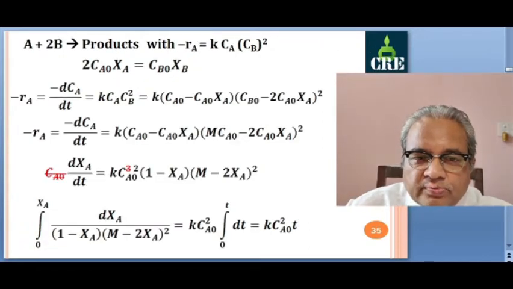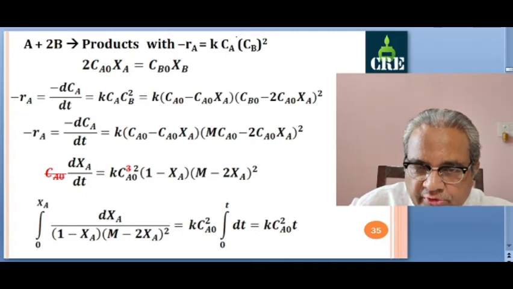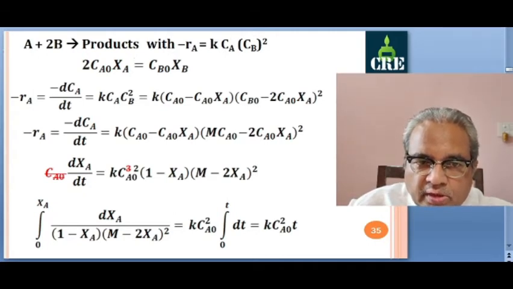Now we'll consider the reaction A plus 2B gives products with the rate law minus rA is equal to k CA CB square. So the overall order is 3. Here from the stoichiometry, as we have seen earlier, CB0 XB is 2 CA0 XA.